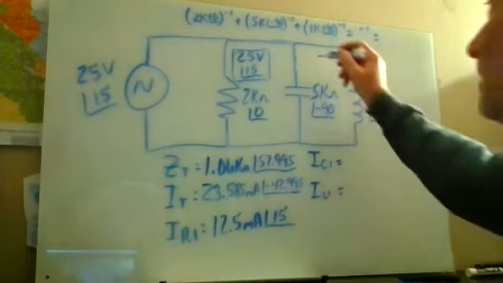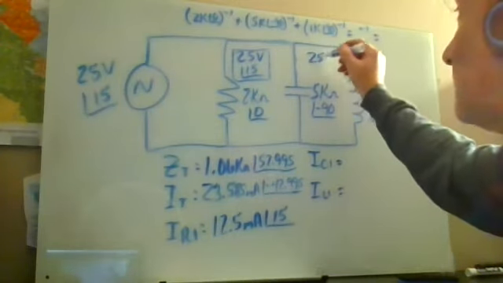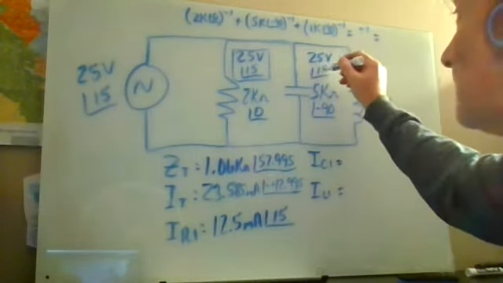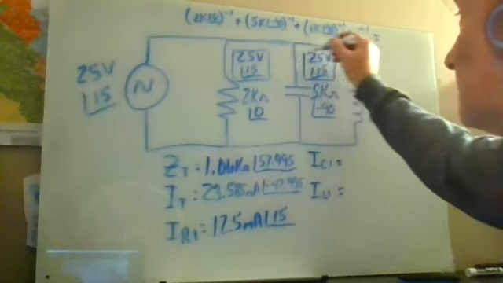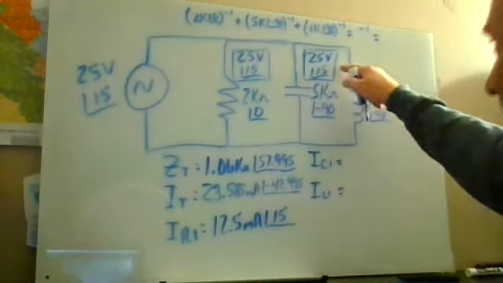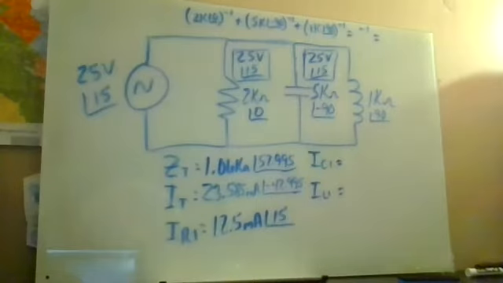For IC1, I know again, this is going to be 25 volts at an angle of 15 because it's a parallel circuit. Voltage is constant, so I just take that divided by 5K ohms at an angle of negative 90. And what did we get?